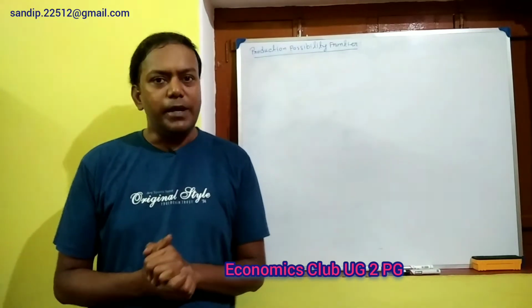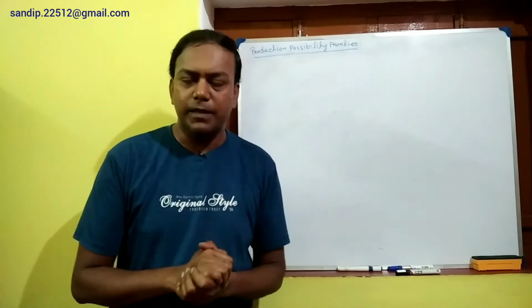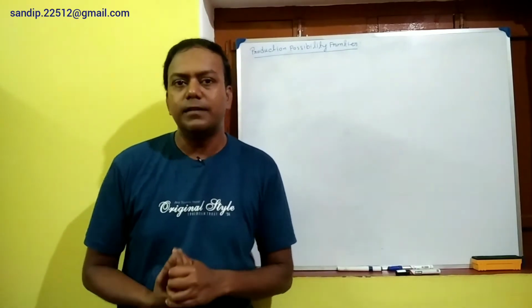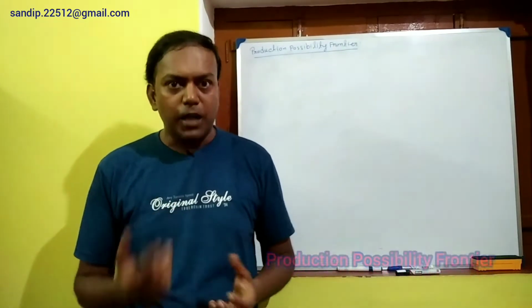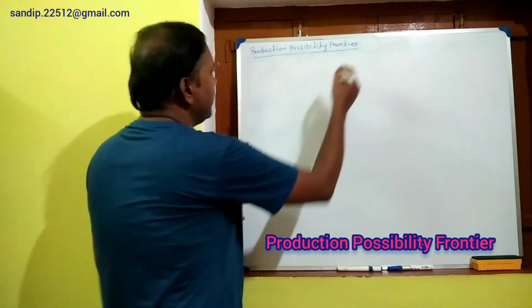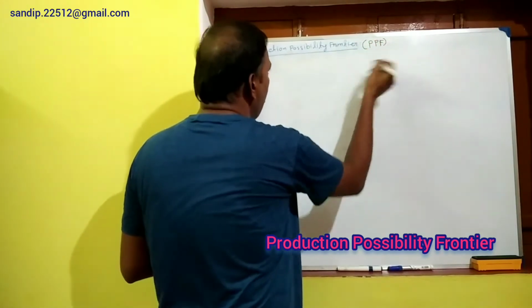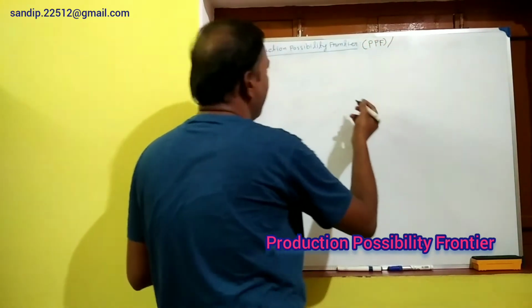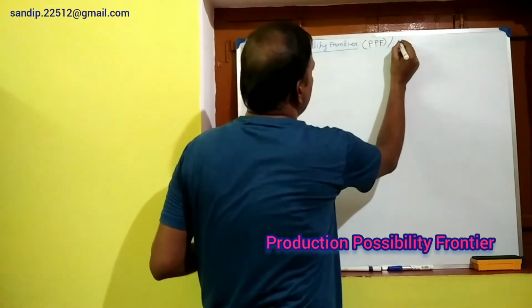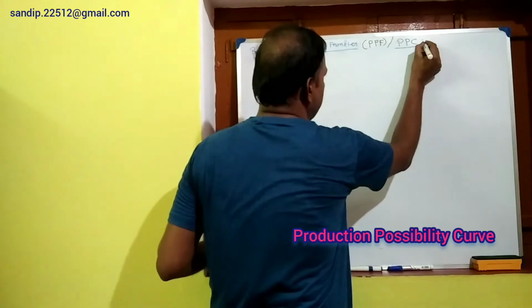Today I am going to discuss one important topic of microeconomics, though it is for beginners, that is the production possibility frontier, or we can say PPF, or it has so many other names. It is also called production possibility curve or PPC.